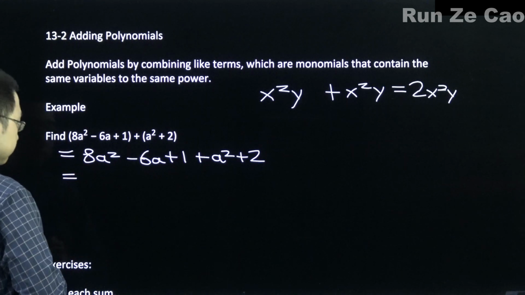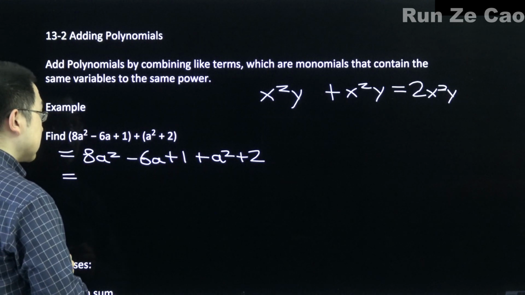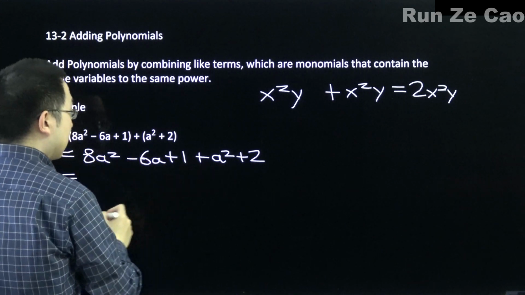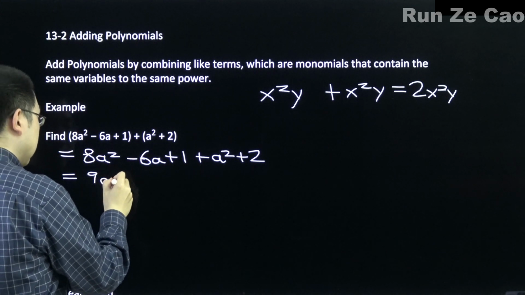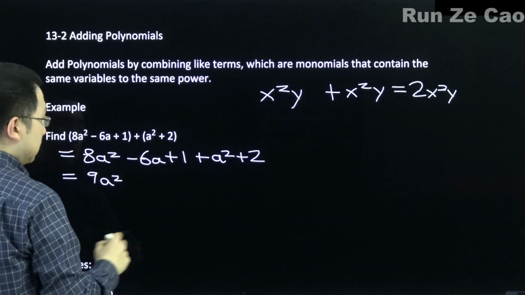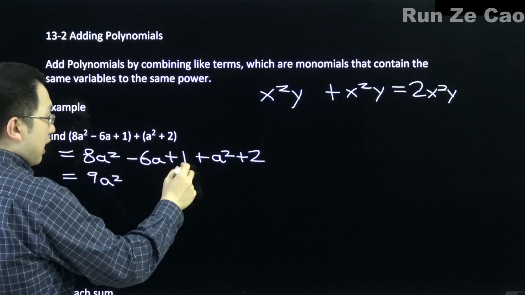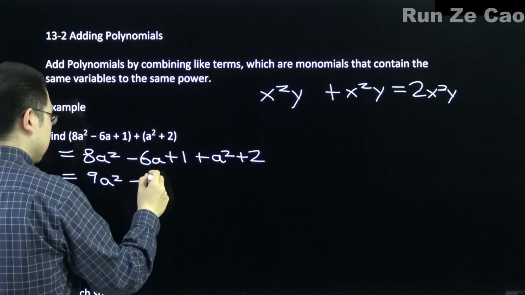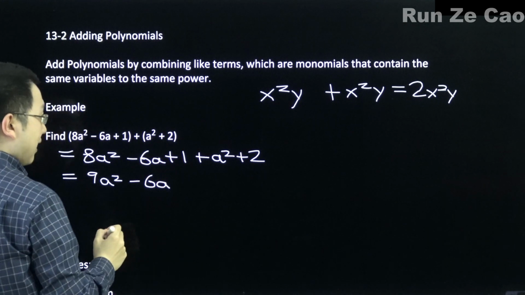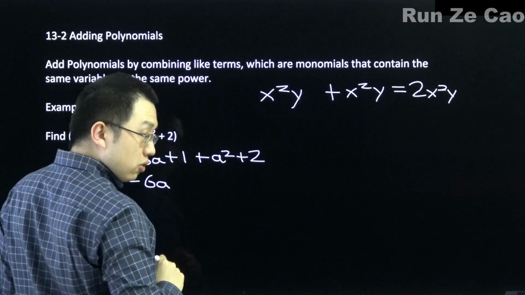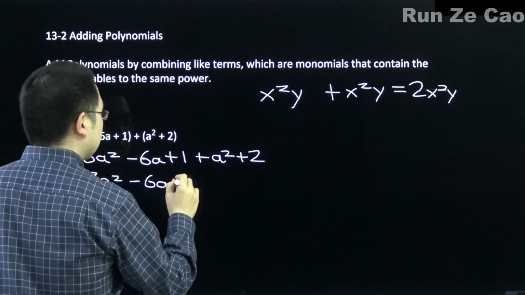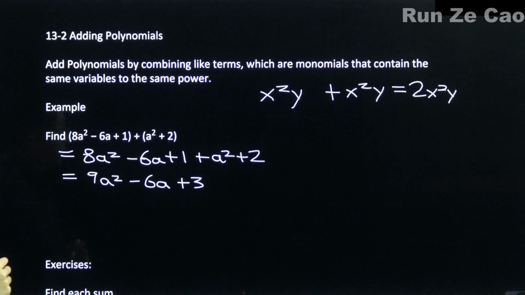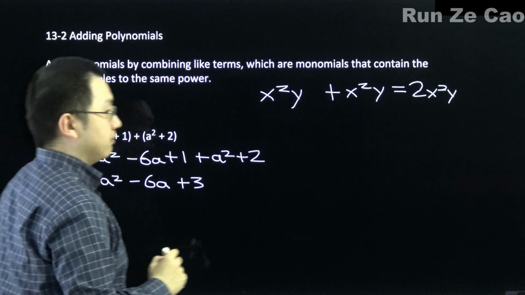So, this is going to be 8a squared plus a squared, so 9a squared. And minus 6a, oh, there's no other a terms. There's no like terms for that. And 1 plus 2, those are like terms. They are constant terms. So you combine them to make one constant term.